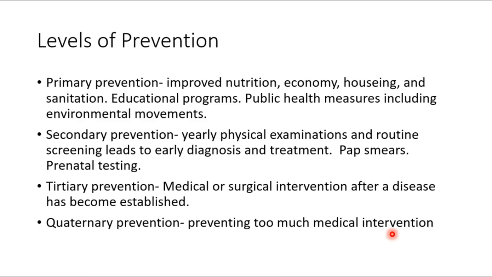So primary levels of prevention. These are broad scale things. These are community-wide efforts. If we improve nutrition, if we improve the economy, if we improve housing and sanitation, if we educate a populace about sanitation or nutrition, if we can get them healthier food, that's actually going to have a massive impact on not just quality of life, but health.